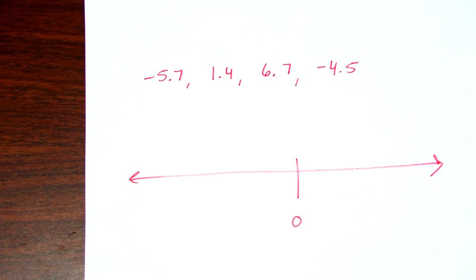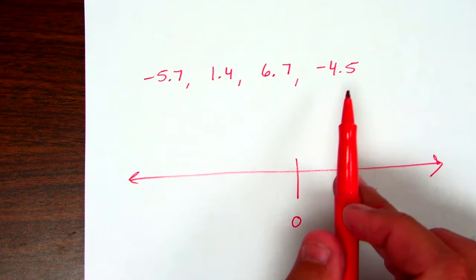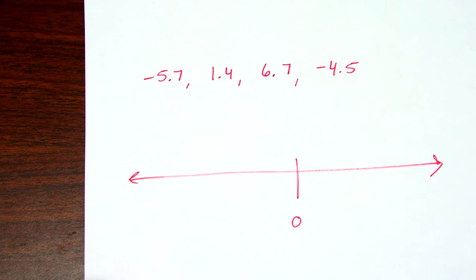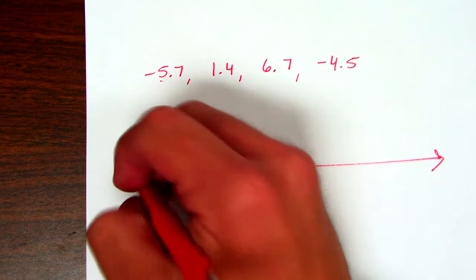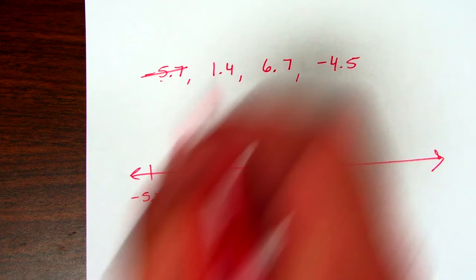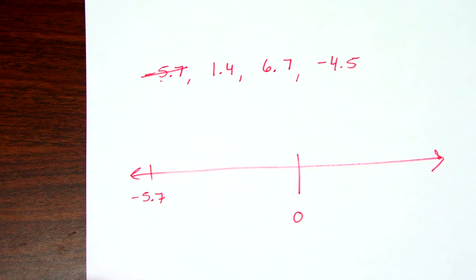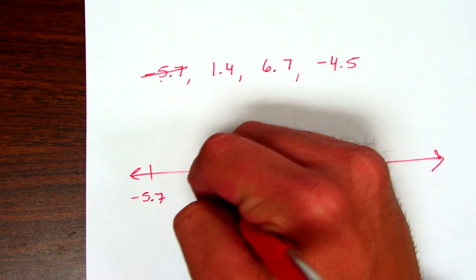Now you look at your negative numbers first. We have negative 5.7 and negative 4.5. Which one of those negatives is furthest away from 0? Well, the negative furthest away from 0 would be this one right here, so negative 5.7. Then the negative closest to 0 would be negative 4.5.